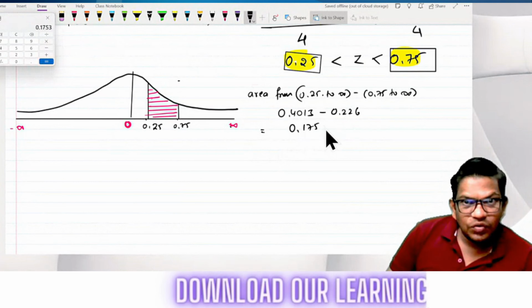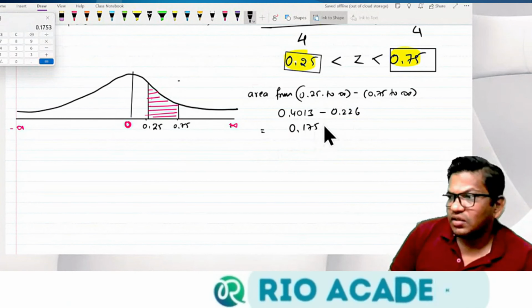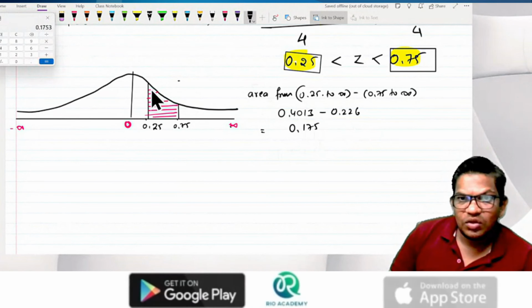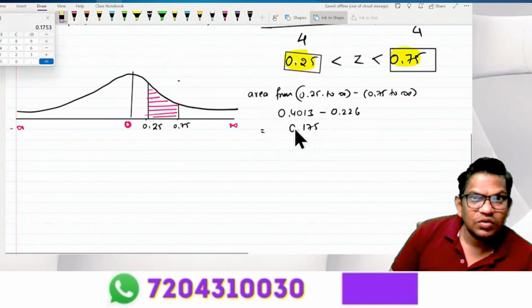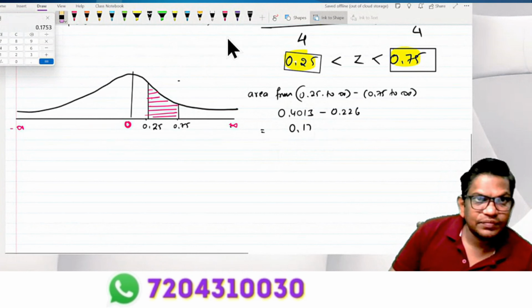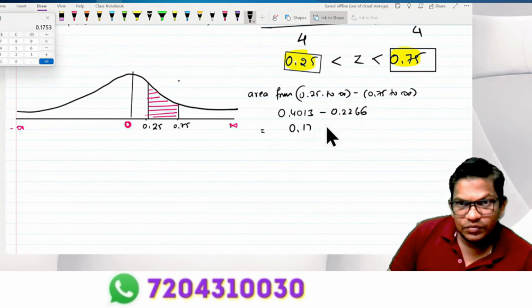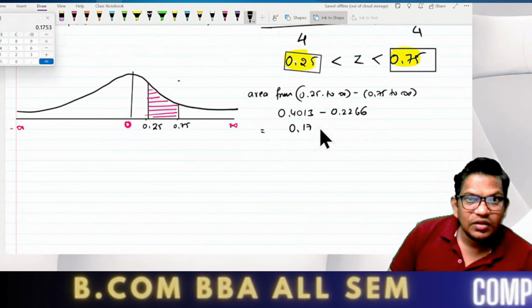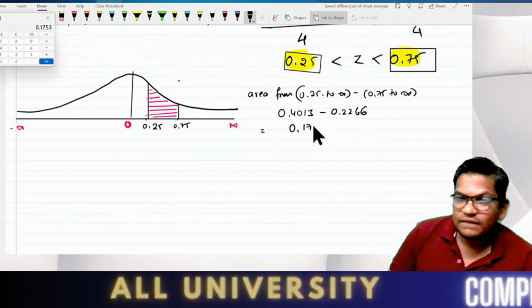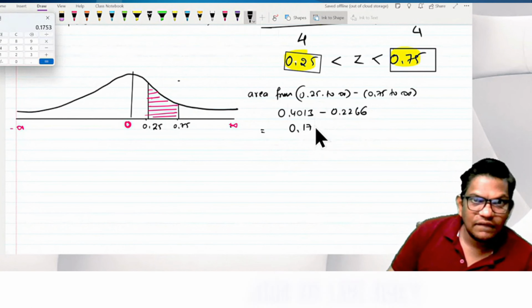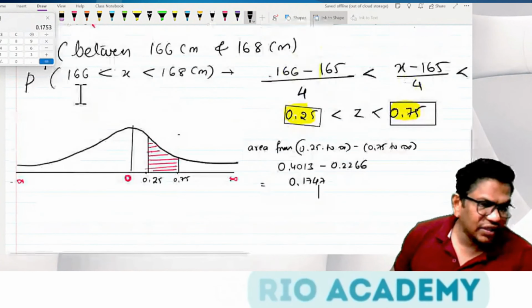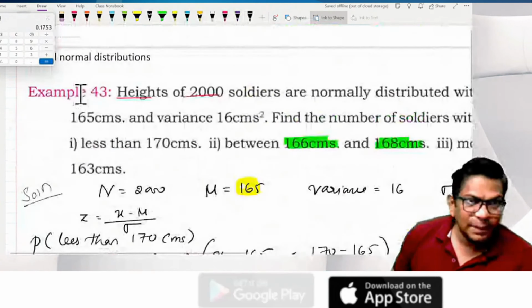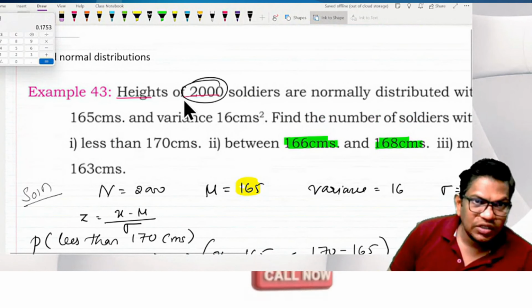0.1747. Now we have 1000, and we are given 2000.